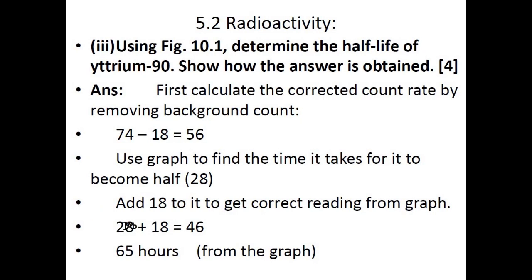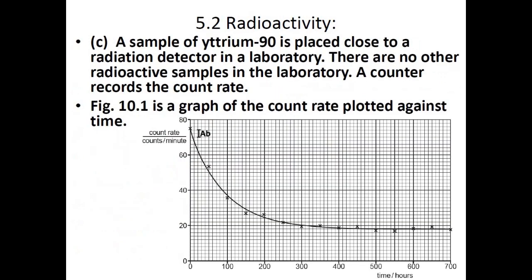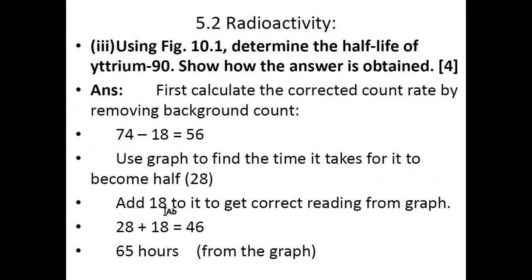First, calculate the corrected count rate by removing background count. As you can see, our current count rate is somewhere around 74. Minus 18 from there to get the corrected count rate, that would be 56.